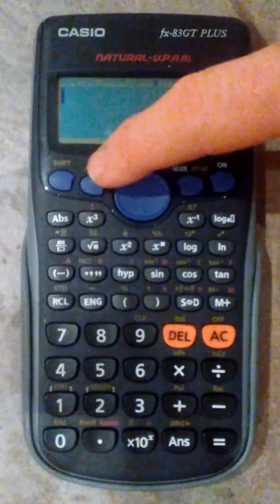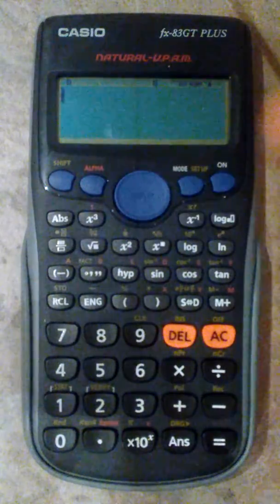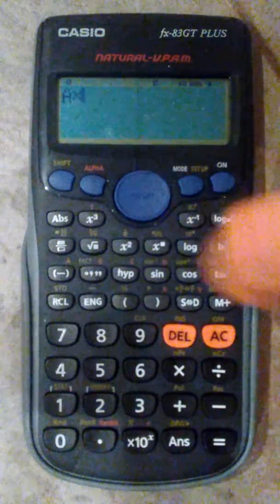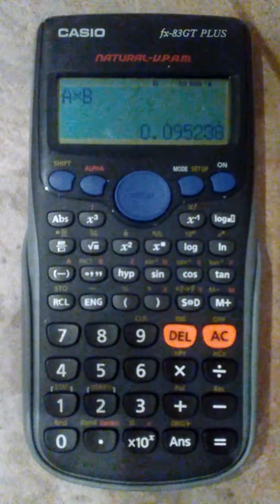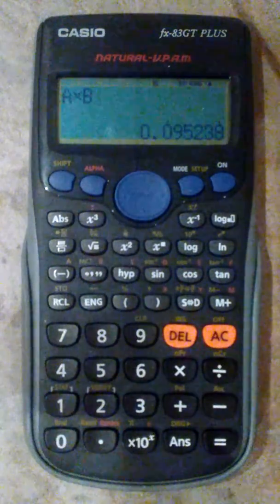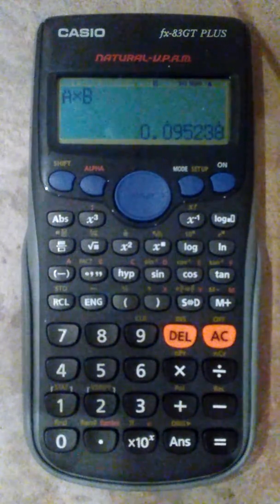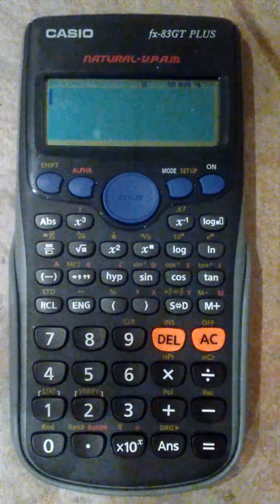What I could do is press the alpha button. It's red, it's colour coded with the letters. So alpha, I will pick A times alpha B, and equals 2/21, which is 0.095238 recurring.